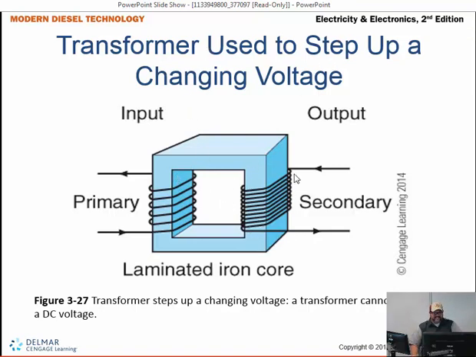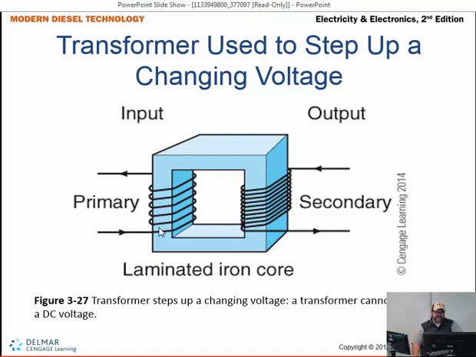This is a step-up transformer. Where you're going to see something like this is in the automotive coil for your spark, your secondary ignition coil. That is basically exactly what's happening there. Our input is 12 volts. Our output is much higher.